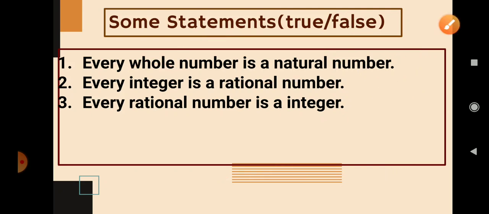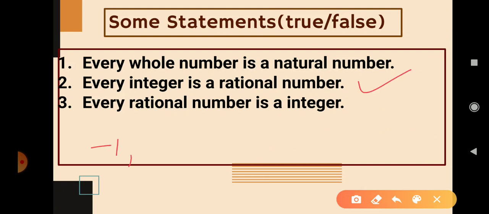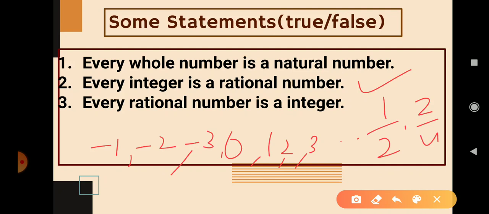Clear? So next, the second statement: every integer is a rational number. Yes, it is true. Observe, integers means we take -1, -2, -3, 0, 1, 2, 3, and so on. Rational numbers we express like 1 by 2, 2 by 4, or -3 by 6.